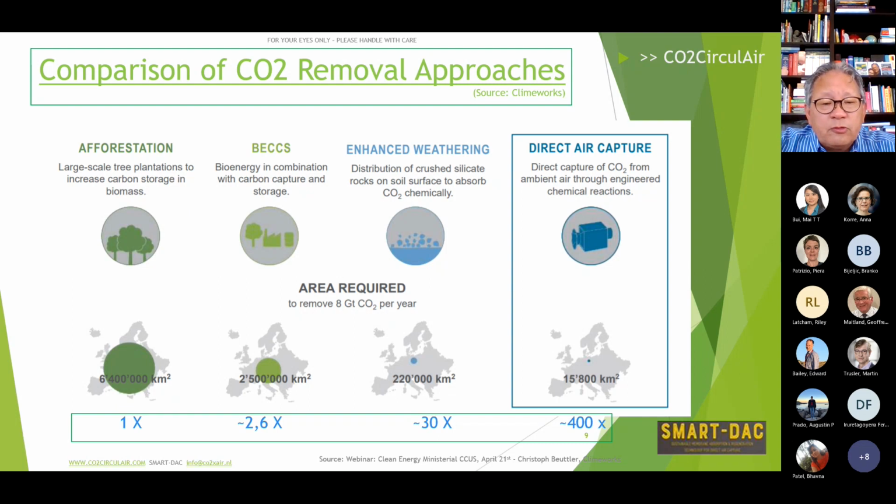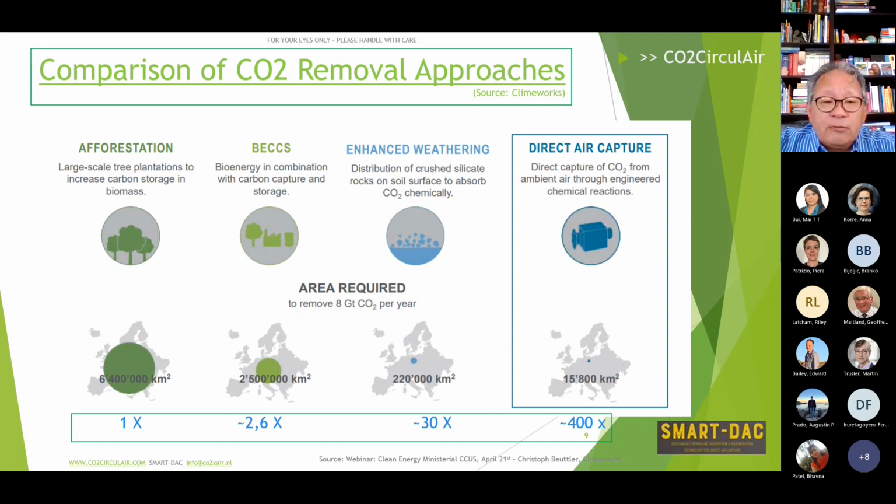For removing 8 gigatons of CO2 per year, you need 400 times less surface area with direct air capture than with afforestation, planting trees. So compare 1 square kilometer or 1 square mile with 400 square kilometers or 400 square miles.